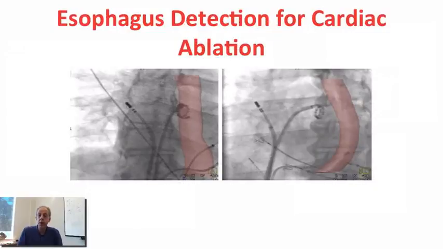Finally, sometimes image processing, as we saw that it can help neurosurgery, can help other kinds of surgery to make them safer. This is a particular application where it's important to understand where the esophagus is. So cardiac ablation, which is a very common surgery, when it's done, it avoids touching it and maybe damaging it.